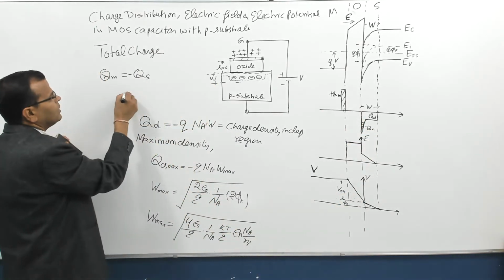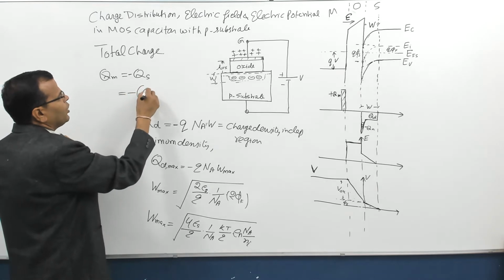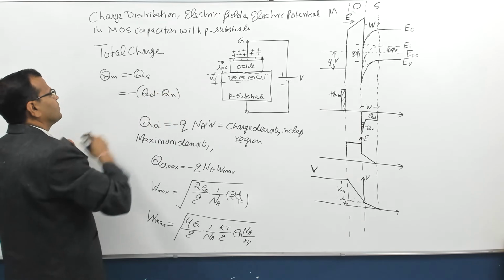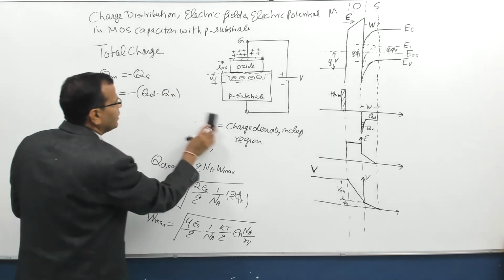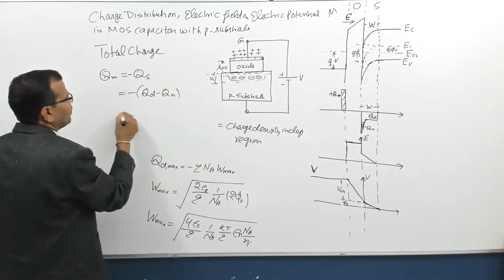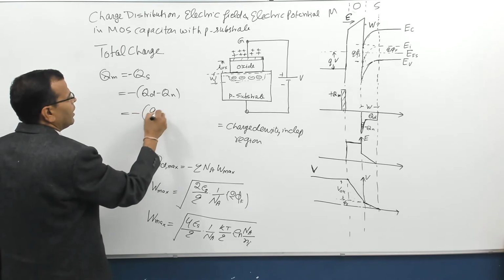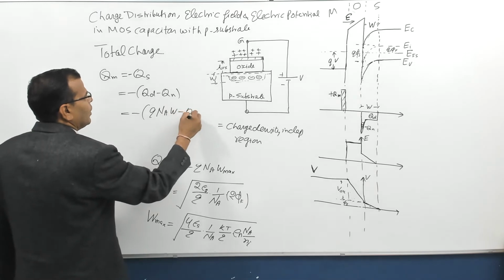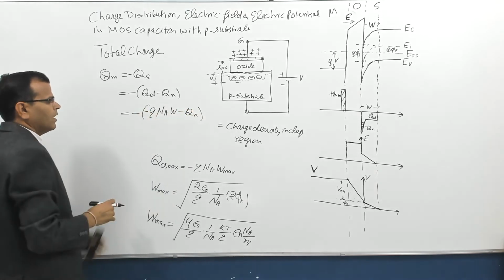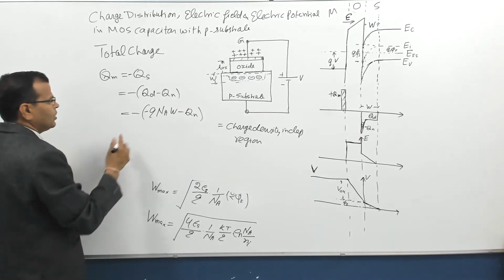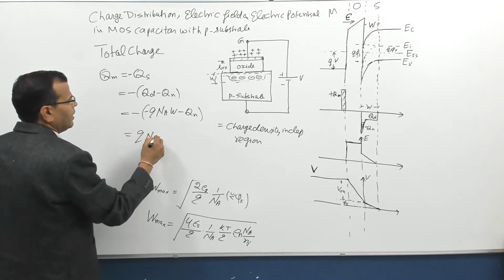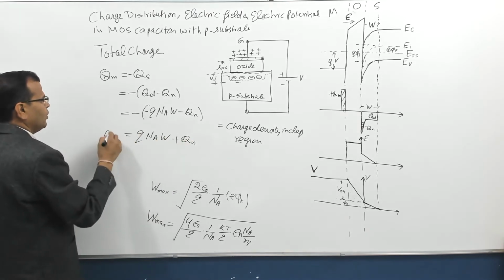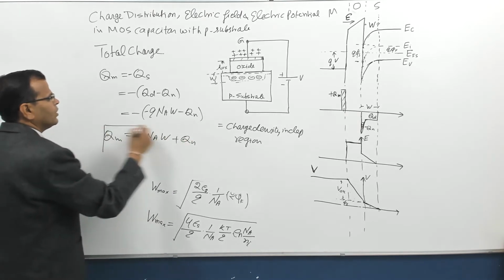So this is equal to minus Qd minus Qn inside the bracket. That gives minus Qd, which was Q NA into W, minus Qn, and that gives the total positive charge equal to Q NA W plus Qn. This is the total positive charge.